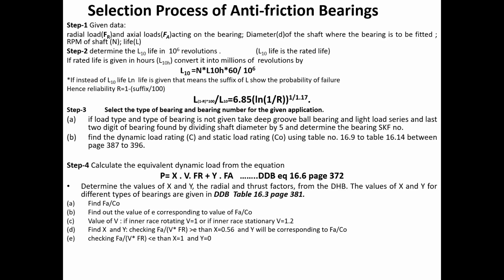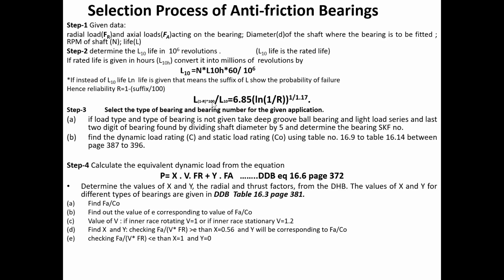From the Weibull distribution probability curve, we have this relationship: L(1 minus R) into 100. Suppose reliability is 85%, that means R is equal to 0.85. So L(1 minus 0.85) is equal to L0.15 multiplied by 100, which gives L15 life.